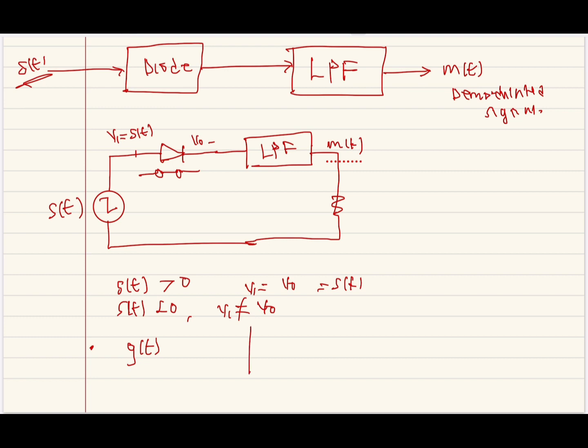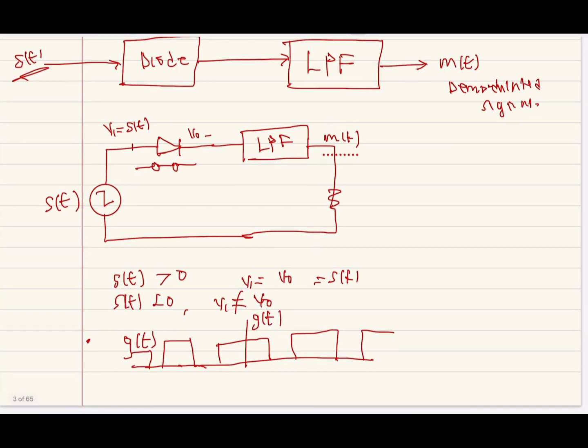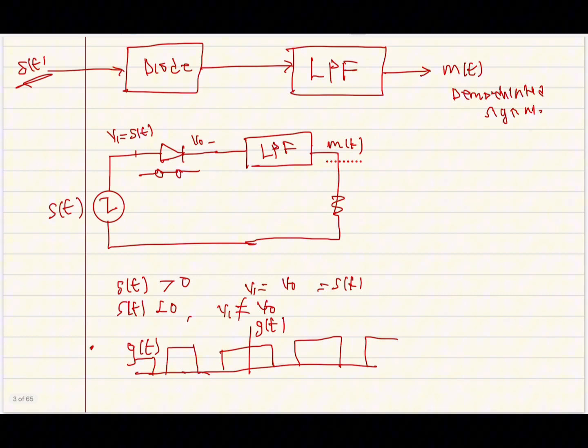It's represented by a square signal like this. This is what we call a train of pulses, and its Fourier series is 1/2 plus 2/pi cos omega c t, and we are going to use it in the near future.